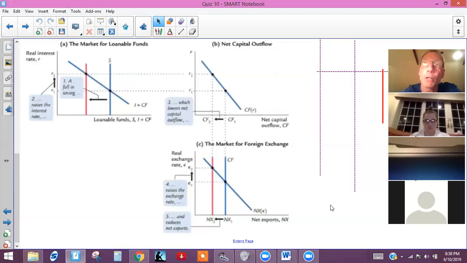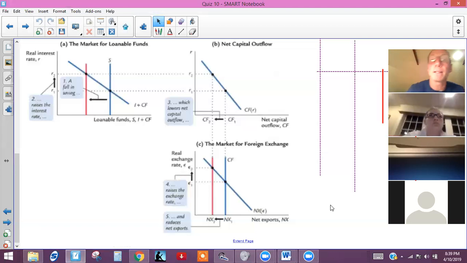Now, if you didn't have the graphs to look at and just thought about how that would work, if real interest rates go up, that's going to mean there's going to be more capital inflow, okay? See, this is net.